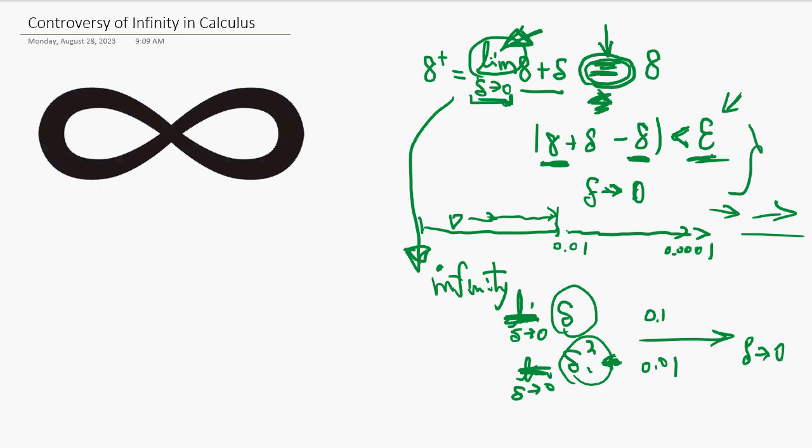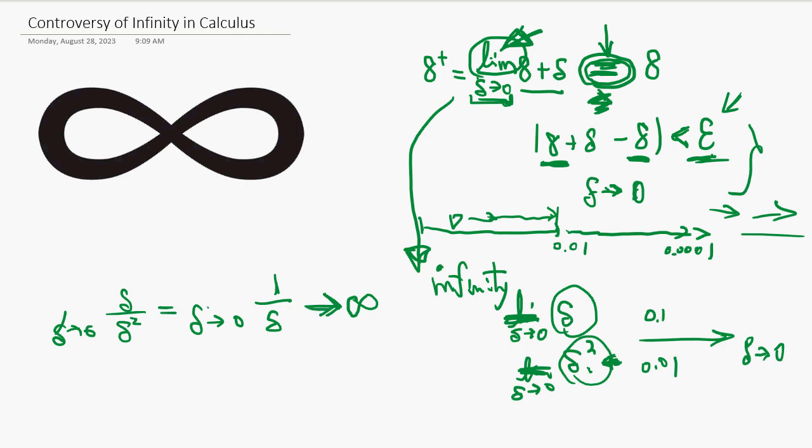But if you take a ratio, what happens? Delta over delta squared, as delta goes to 0, is going to be a huge number. The ratio is a huge number. So what do you call this huge number? Infinity. But it's not infinity yet.